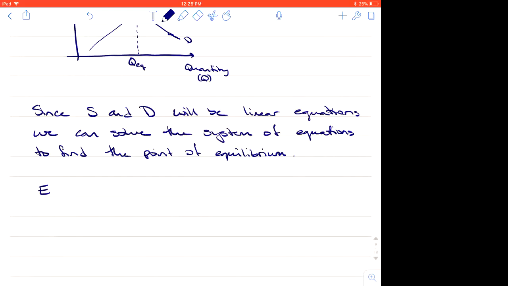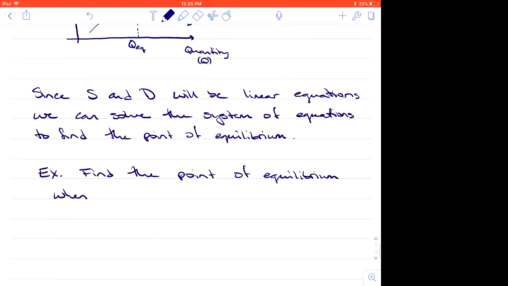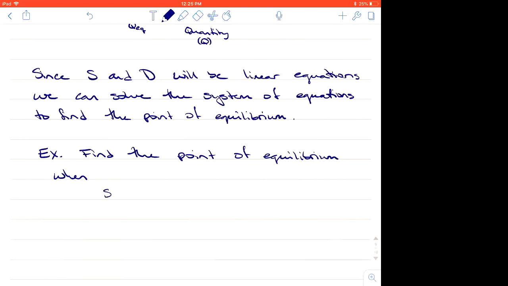Nothing's really changing. If we have a look at an example: find the point of equilibrium when, and I'm going to tell you, the supply curve has the equation Q equals 2P.